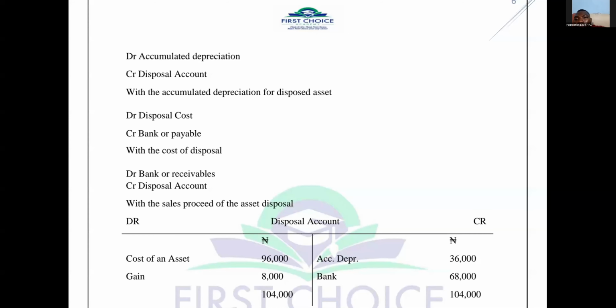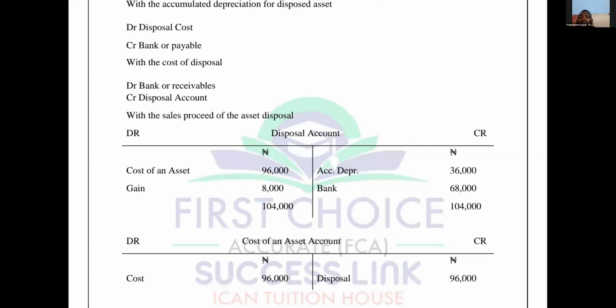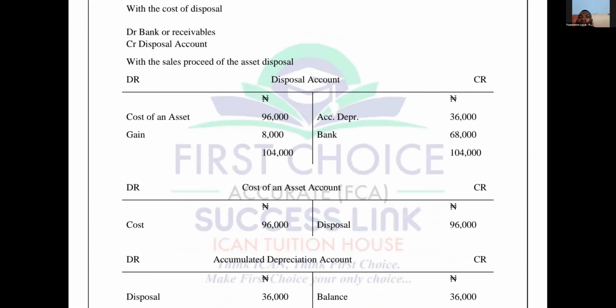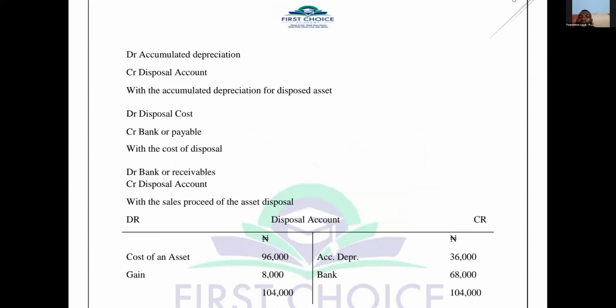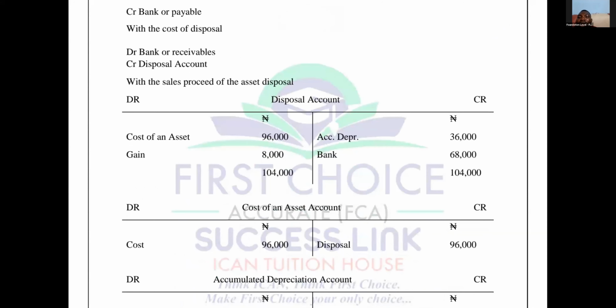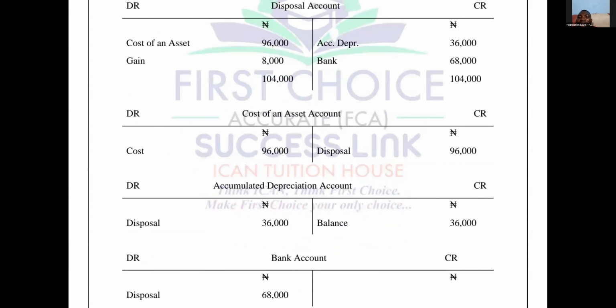Okay. Now let's look at it logically. So now I've received payment for my assets. Once I receive payment for my assets, my bank will increase. So I go ahead to debit my bank. Then my disposal account will increase, so I go ahead to credit my disposal account.